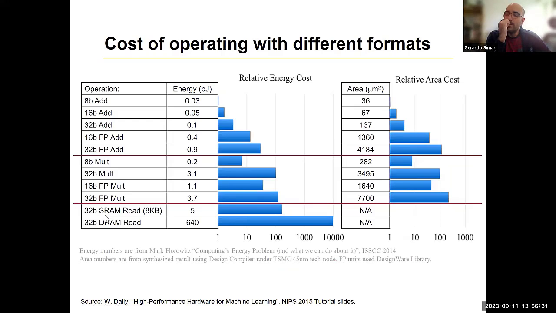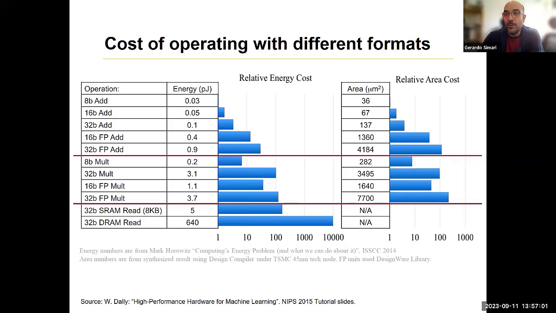A little bit more about floating points, this time closer to hardware. The additions of 8-bit integers or 16 and 32 floating point additions, here you can see the difference in picojoules, which is a very, very small unit. But if you're doing millions, billions, or trillions of these computations, it really adds up.